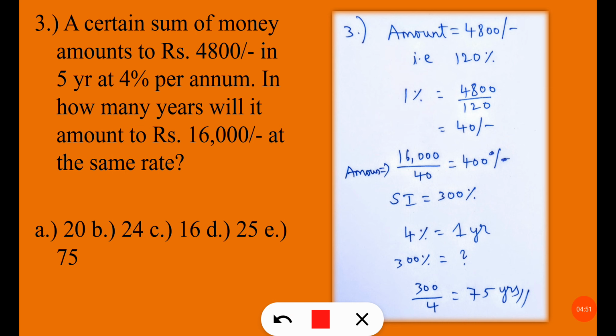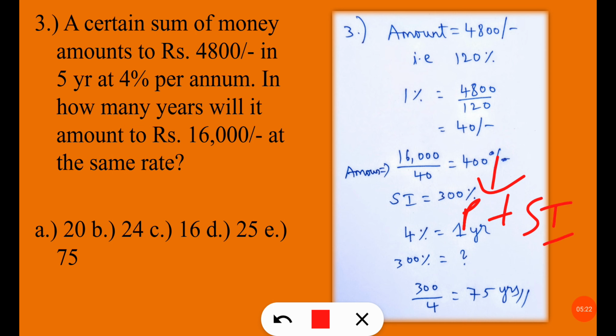Next, in the second scenario, the amount is given as 16,000 rupees. And we were asked to find out after how many years the 16,000 rupees comes at the same rate. That means the amount is 16,000 by 40, which gives 400%. 400% is equivalent to 16,000 rupees. In this 400%, principal plus simple interest are there.